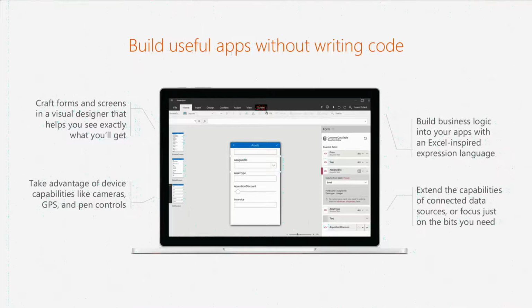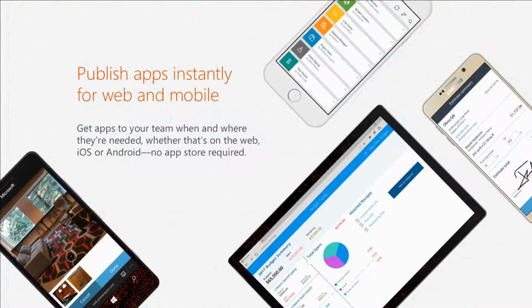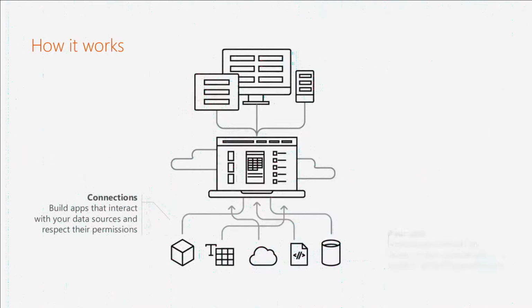It's easier than writing VLOOKUP, let me tell you. And you can take advantage of device capabilities, as I mentioned, and you can also connect to various data sources and bring those together in a single app, as we will see in a second. And then you can also publish the apps instantly for web or mobile, as I mentioned earlier.